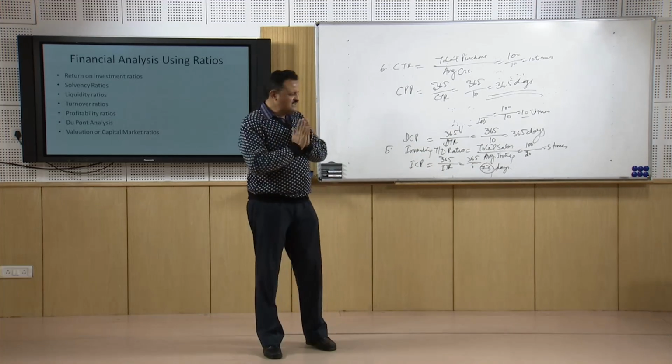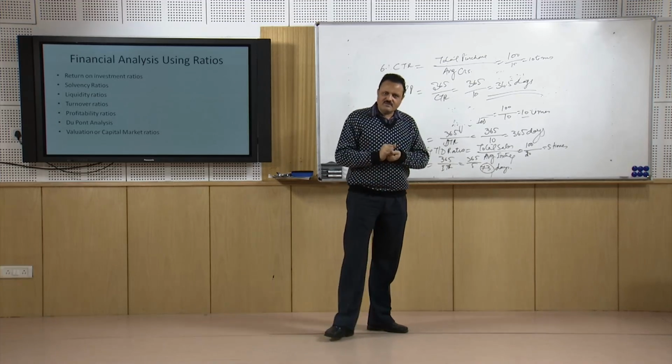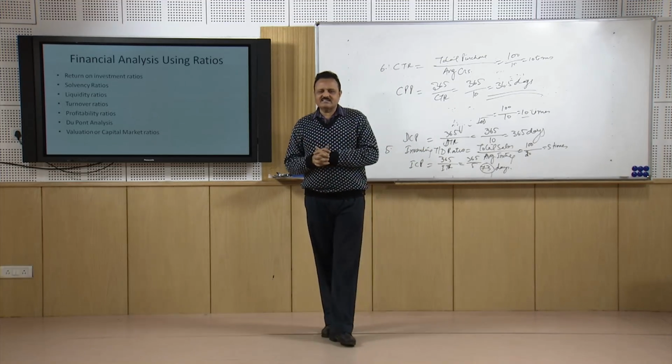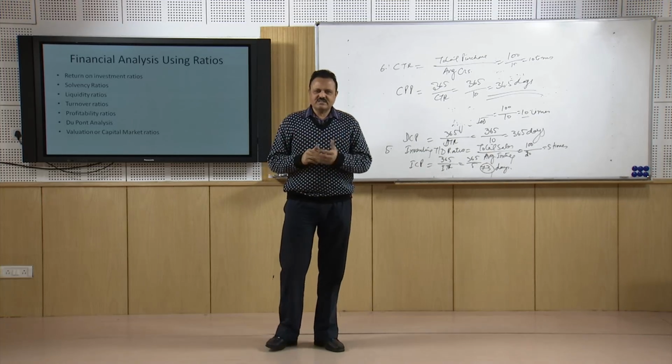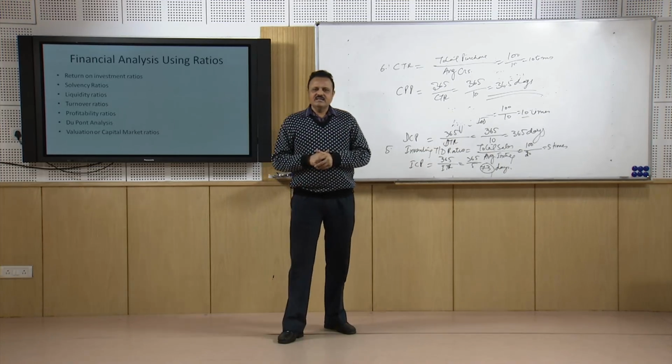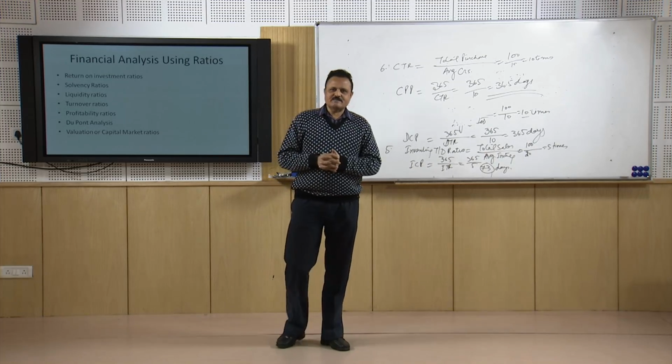Now, when we use the asset side, we calculate the debtors turnover ratio, that is in how many days the debtors are paying back to this firm, or the debtor collection period, and then the inventory conversion period, that is how fast the inventory is being converted into sales.